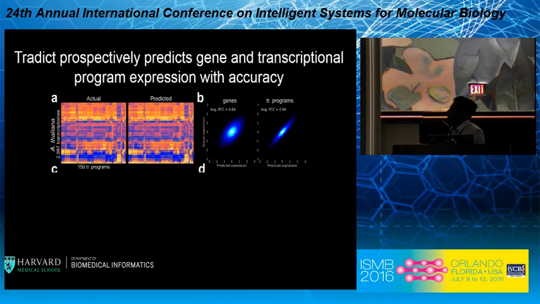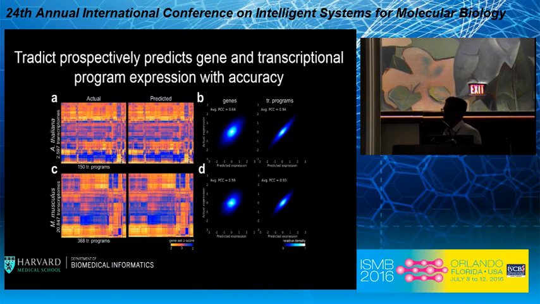But now if you look at our ability to reconstruct the expression of transcriptional programs, because these are linear combinations of the expression measurements of individual genes, we're actually able to reconstruct these with very high accuracy. And that was for Arabidopsis, and the story is very, very similar for mouse.